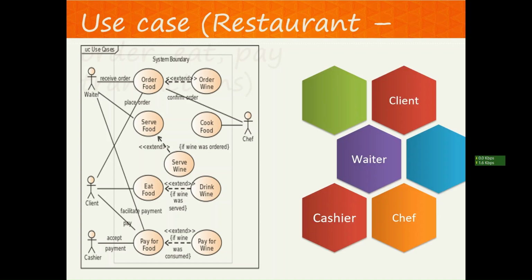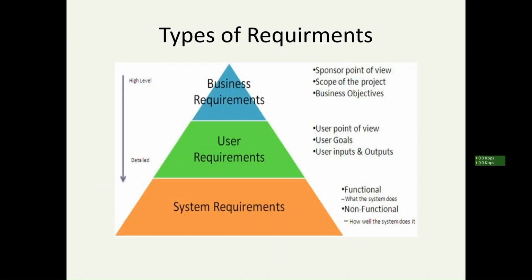Okay. So next one is types of requirements. Requirements can be classified into business requirements, user requirements, and system requirements. First, the customer is going to give a document called CRS, which means customer requirement specification. It will talk about what the customer needs.